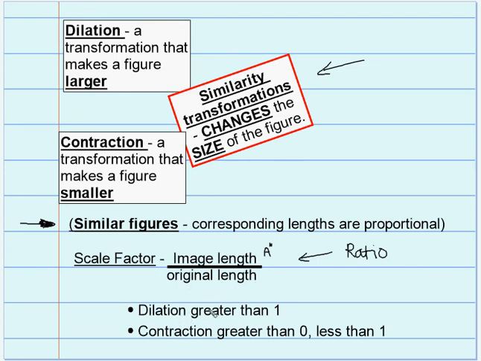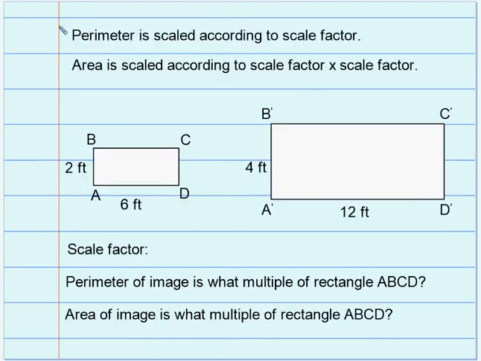And a dilation is going to be greater than 1 because we are going to make it twice as big, or 1.5 times as big, or 5 times as big. But a contraction is going to be greater than 0 but less than 1. So we're going to have a fractional component there, or a decimal. So let's see if we can figure this out.